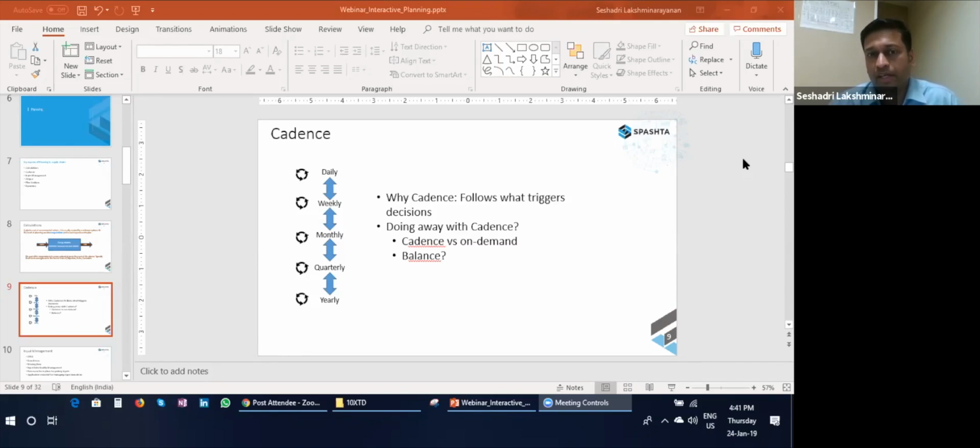Correct. So there, based on my experience, what we have done is segmentation first. The first thing is we have to go through a segmentation exercise on the various classes of items, and different items will then go into different cadence. That is what we have recommended.